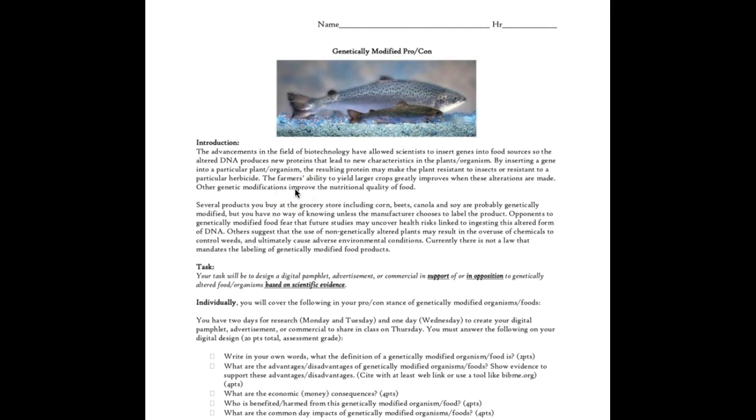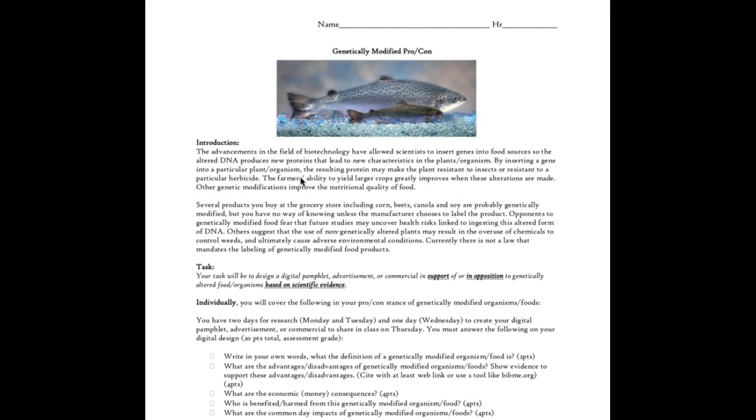This is listed in Google Classroom for you as well. But basically, we have many advancements in the field of biotech, and that's allowed scientists to do things like insert genes into food sources so that DNA produces new proteins that lead to new characteristics in the plants or organisms. By inserting a gene into a particular plant or organism, the resulting protein can make that plant resistant to insects or resistant to particular herbicides.